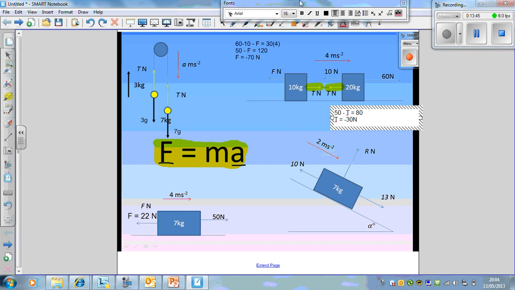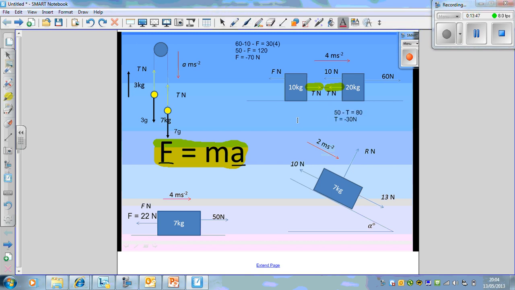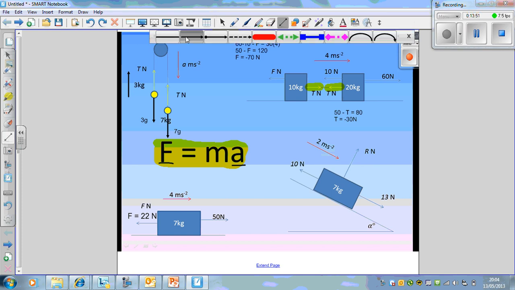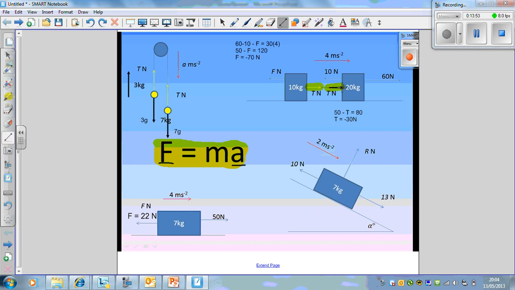Now, this is possible. The thrust, the tension there could be negative. What that actually means is that we've got the arrows wrong. They shouldn't have been that way. The forces for these should have been pointing in the opposite direction, because we got them as negative.